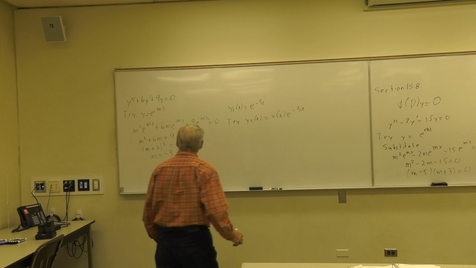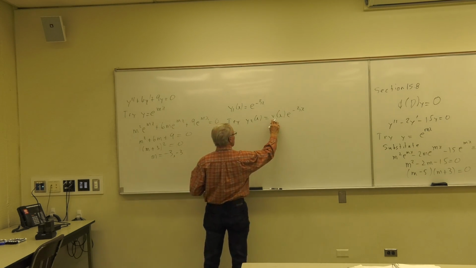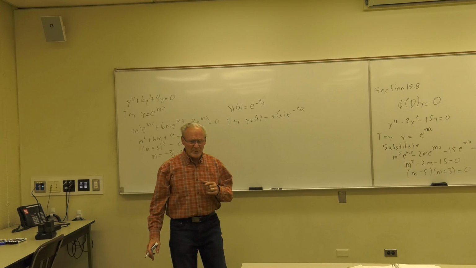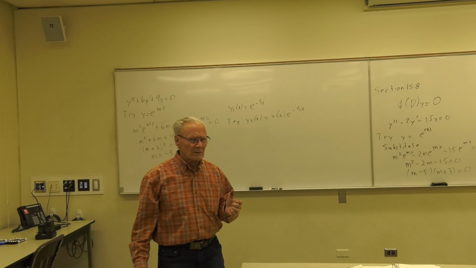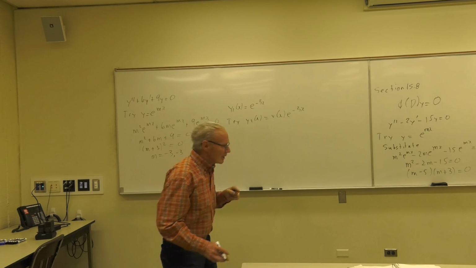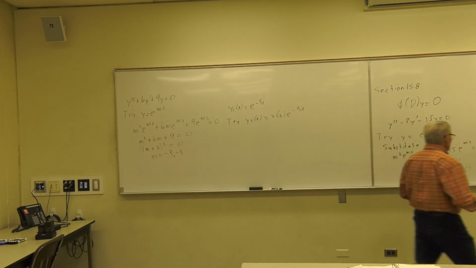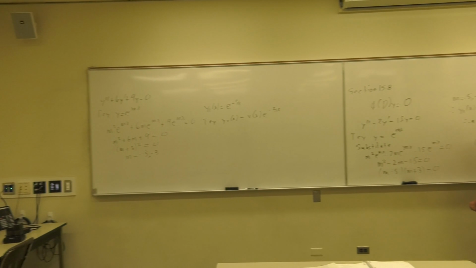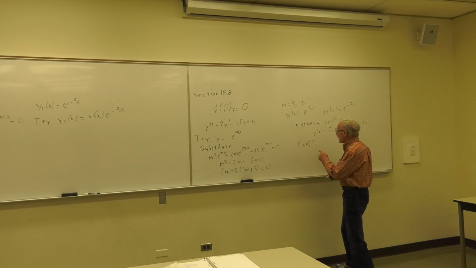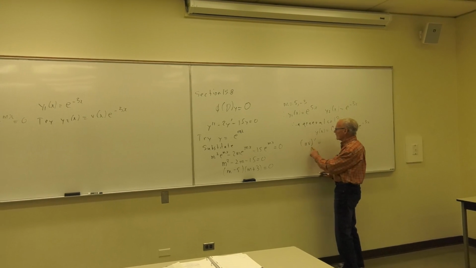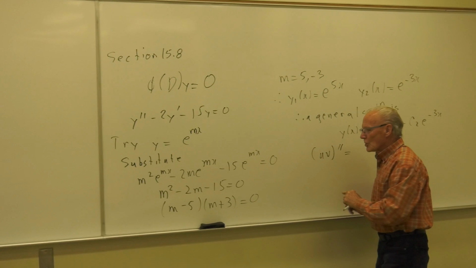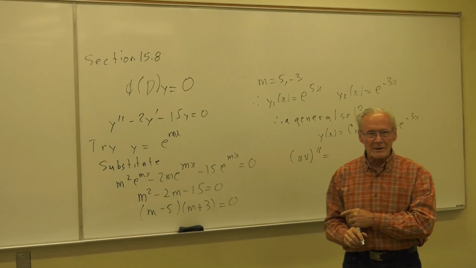So if we substitute, we've got to take the second derivative of this. How do you take the second derivative of a product? It should have been shown a nice way to do that in first year, but if you weren't, let's go off to the side here. If you want (uv) double prime, you could say, I'm going to use a product rule to get this, and then I'll have two terms, and then I'll use two product rules to get that.